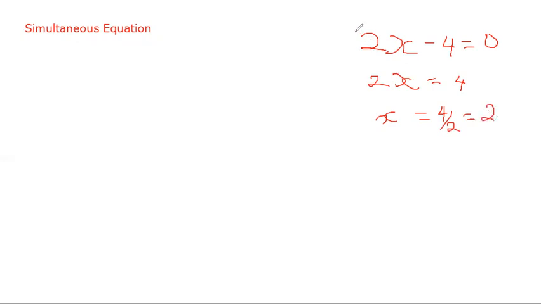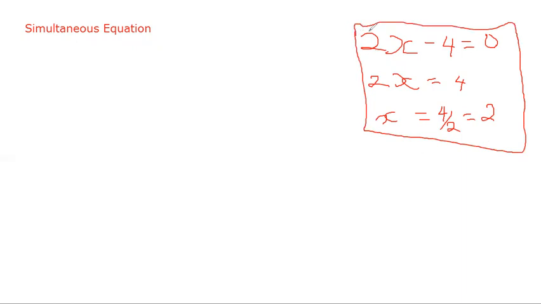Now, in this type of question, we have only one unknown because the only thing we are looking for is x. Are you following? But let me give you another type of question. x plus y is equal to 6.